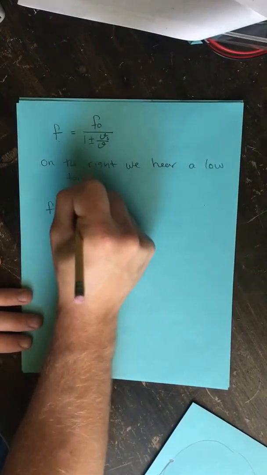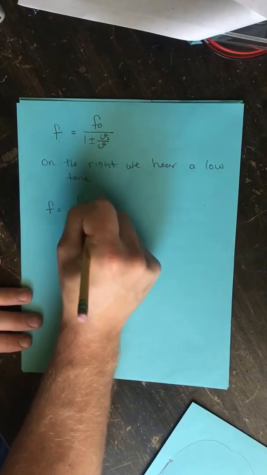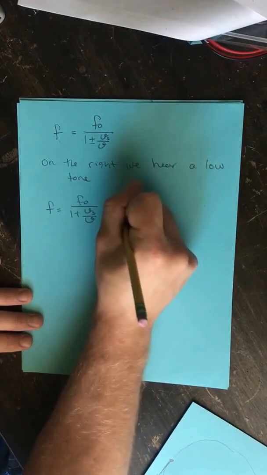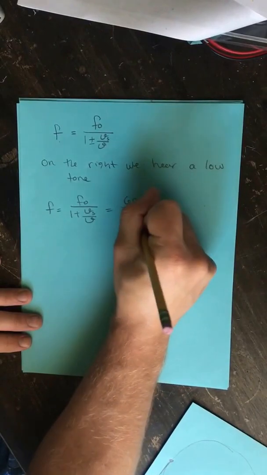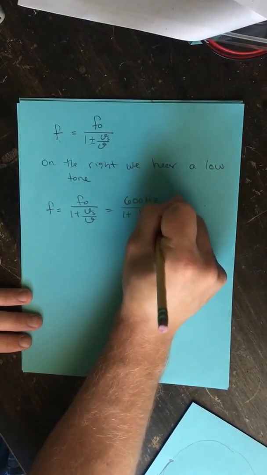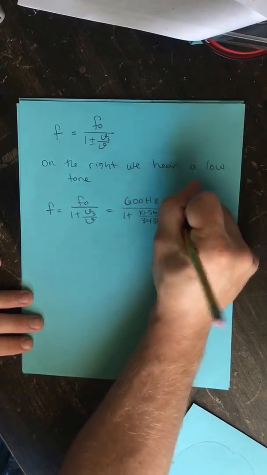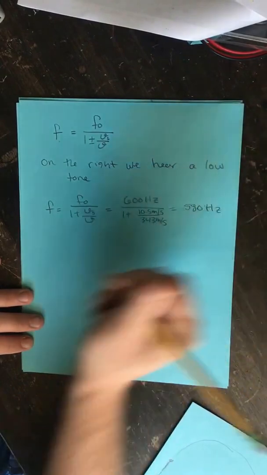And the frequency is equal to that original frequency divided by 1 plus the speed of the source divided by the speed of sound, which is equal to 600 hertz divided by 1 plus 10.5 meters per second divided by 343 meters per second. And that gives us an apparent frequency or Doppler shifted frequency of 580 hertz.